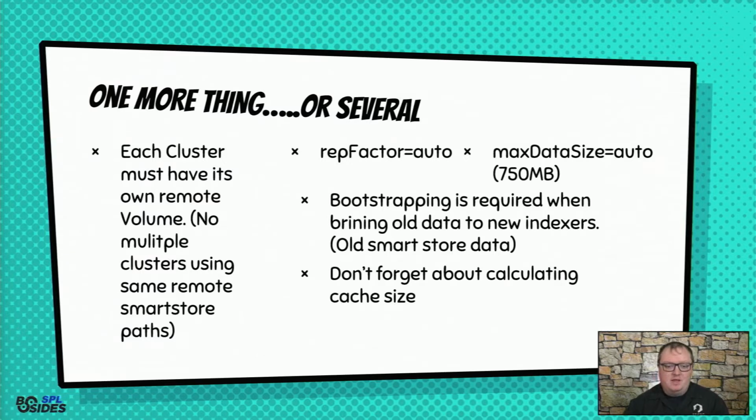SmartStore. Another thing is when you have data, you'll want to use a term called bootstrapping to the new indexers. If you have SmartStore data, you can actually lose all those indexers to bring new indexers to connect to it. You just bootstrap it.